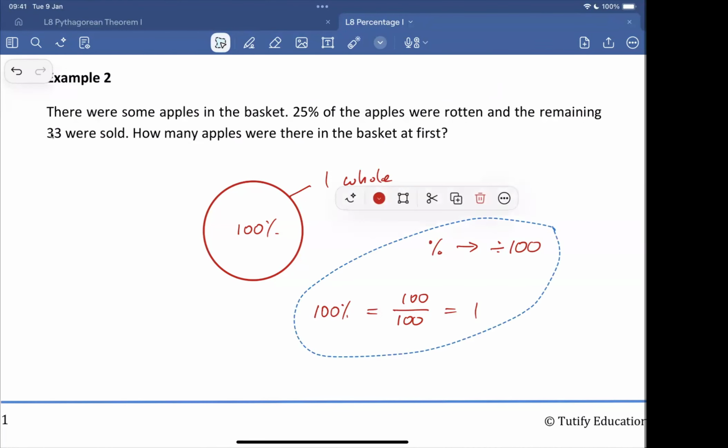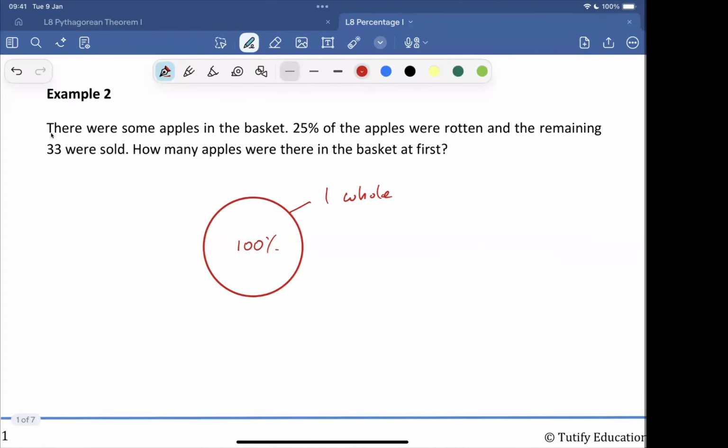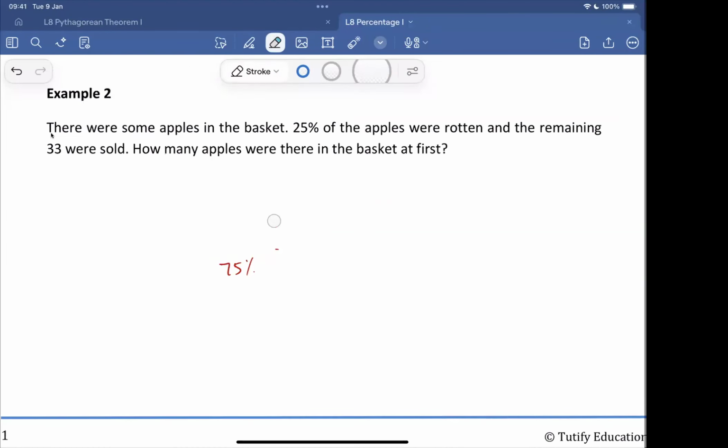Now, my next question is 25% of the apples are rotten. So 25% looks like this, right? So how many percent is not rotten? 75%. Yeah, 75% is not rotten. Very good.